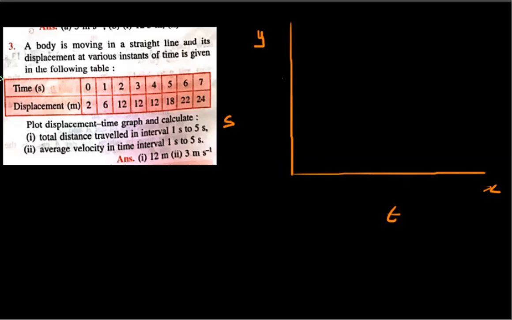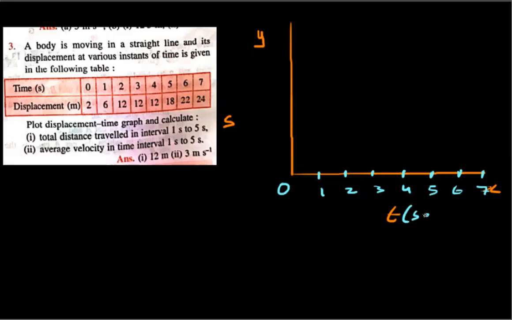We can just go from 0 to 7. So let's just mark 0 second, 1 second, 2 second, 3 second, 4 second, 5 second, 6 second, and 7 second.